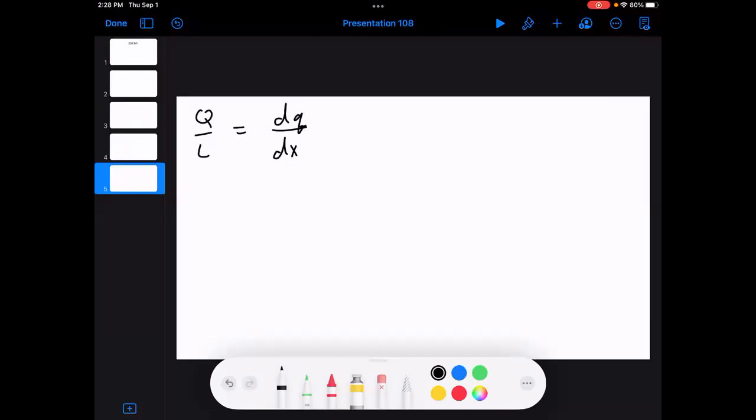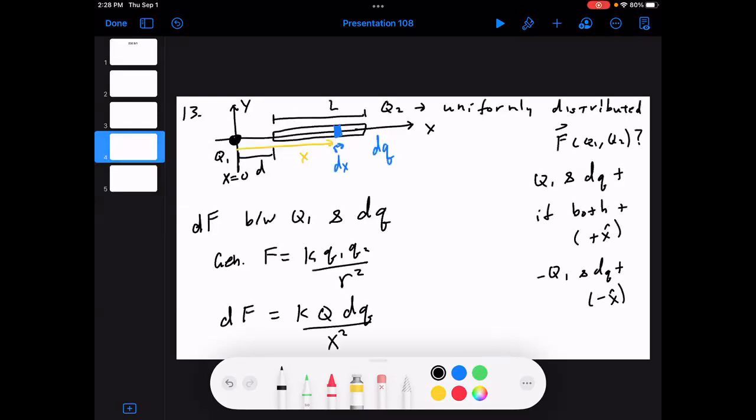Just algebra-ing our way through, dq equals Q over L dx.